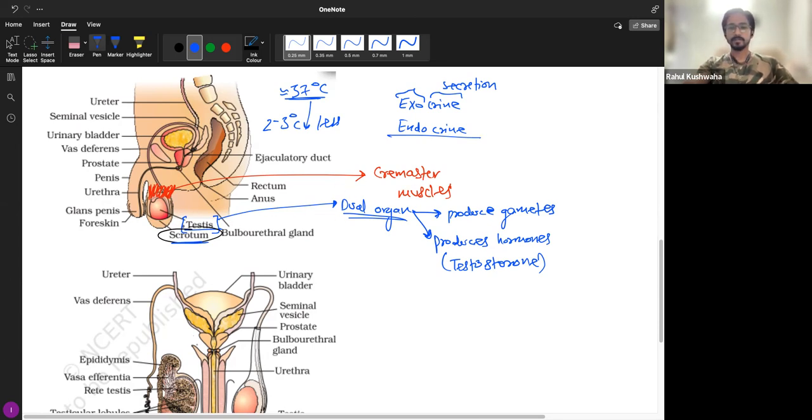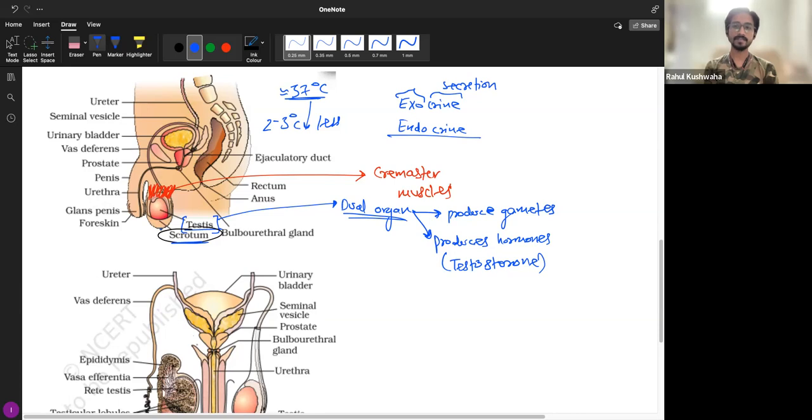Okay, great. So testes is both an endocrine gland and a reproductive gland or sex gland, called a gonad. This part is also clear, right? Now, I was telling you why it is outside, and you understand why it is outside. But where are testes synthesized, where are they formed in an embryo?